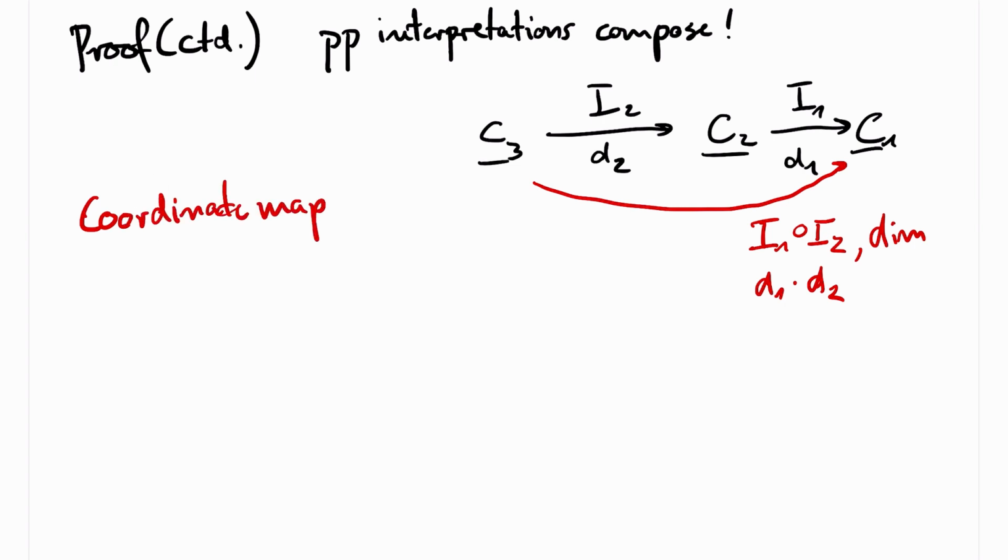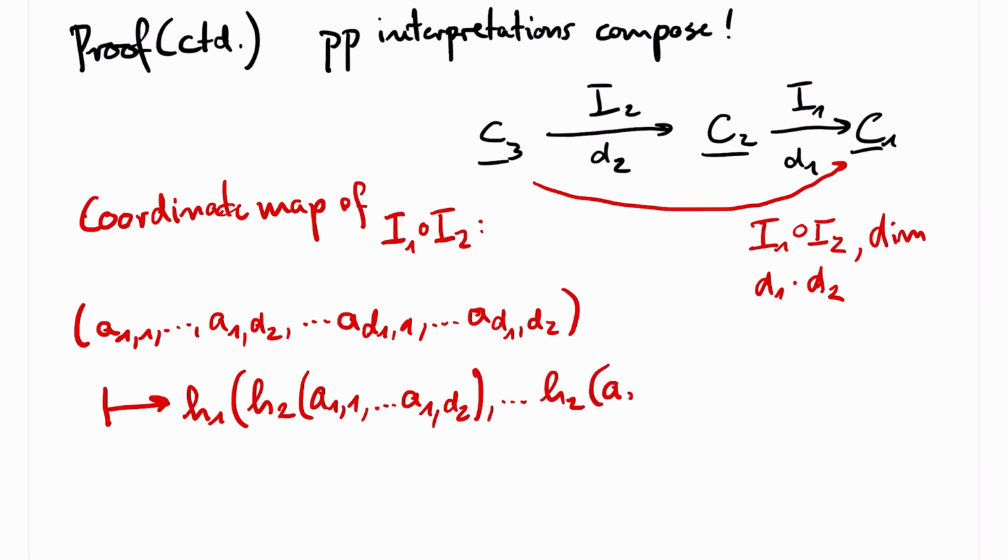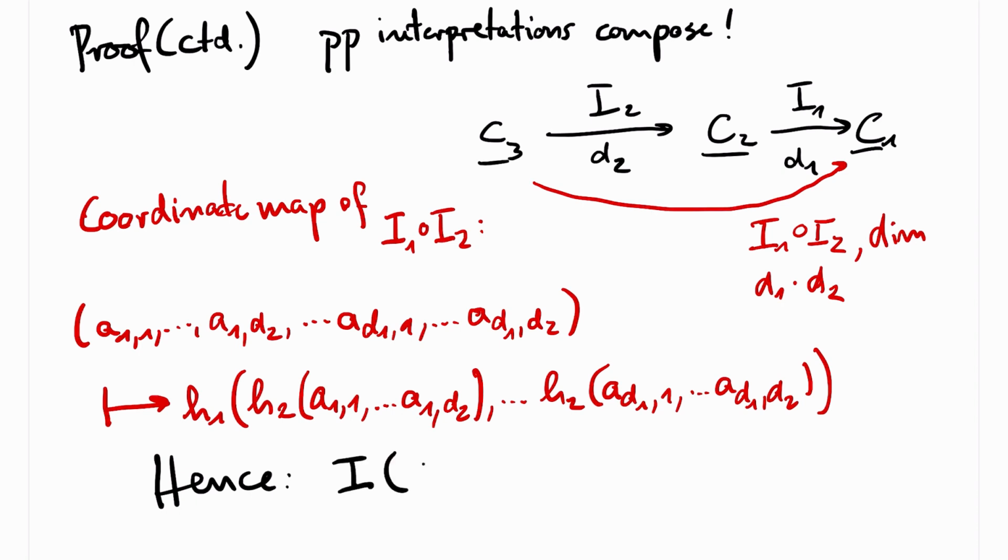The coordinate map of I1 composed with I2 is the obvious composition of the coordinate maps of I1 and I2. So this shows that the operator I that takes a class C to all structures with a PP interpretation in C is idempotent, in the sense that it suffices to apply it once.